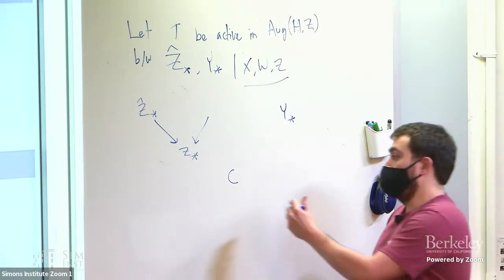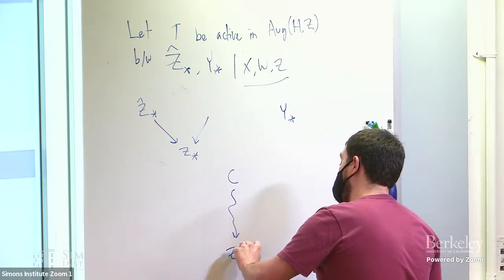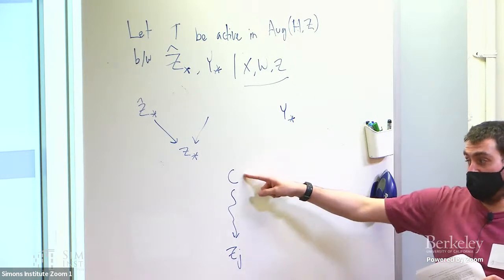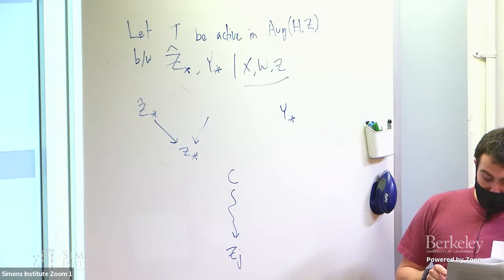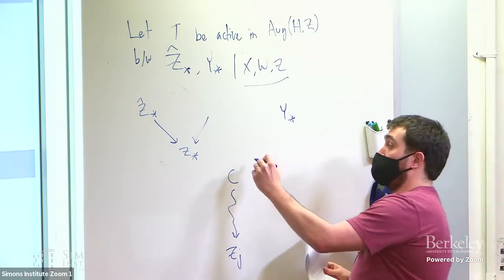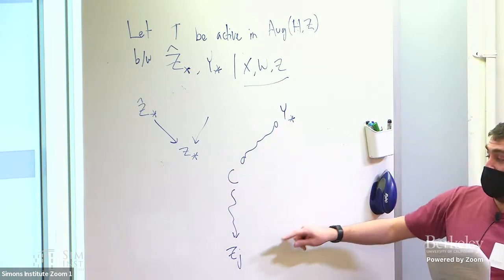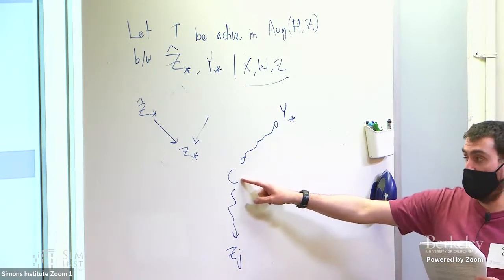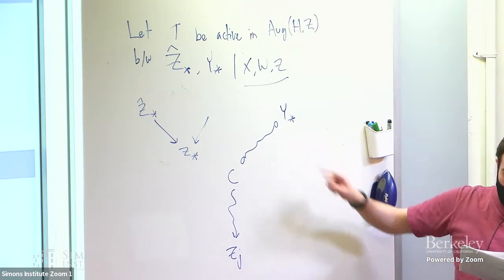Now let Z sub j be the vertex in Z that is reachable via the path I described from C. And now we're going to look at a new trail that we get by concatenating this path here to this trail here.